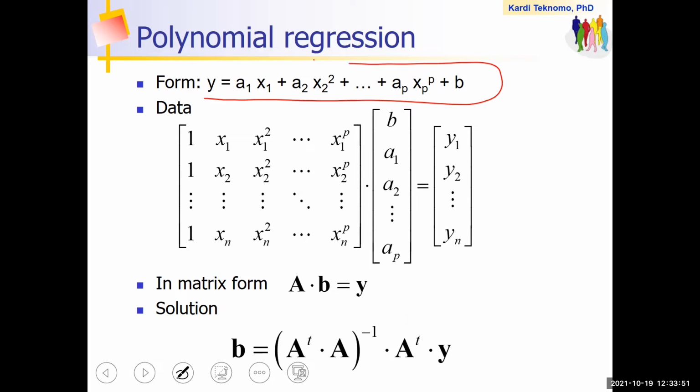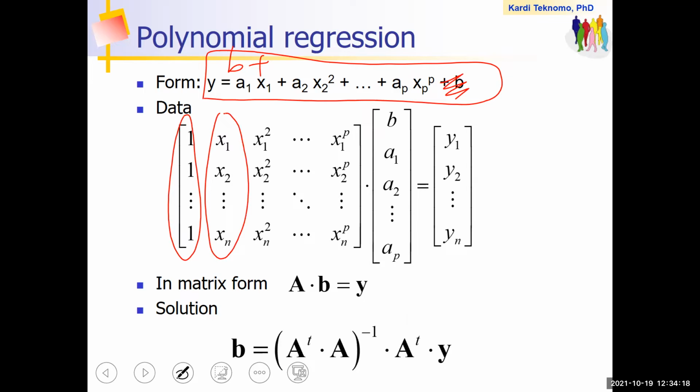So I will put B, multiplied by 1, and then plus A1 multiplied by X1, this is the X1 vector, and then A2 multiplied by X2 squared, up to the last one, AP multiplied by XP exponent P.